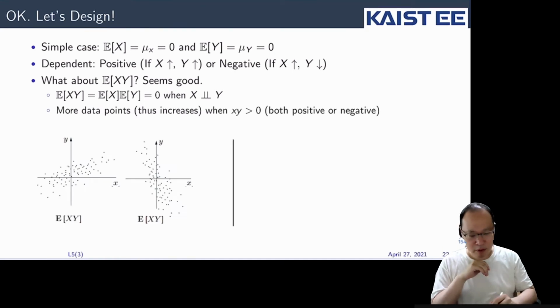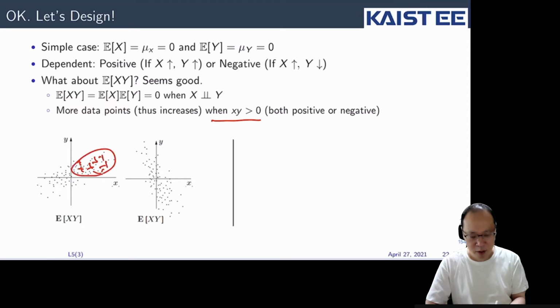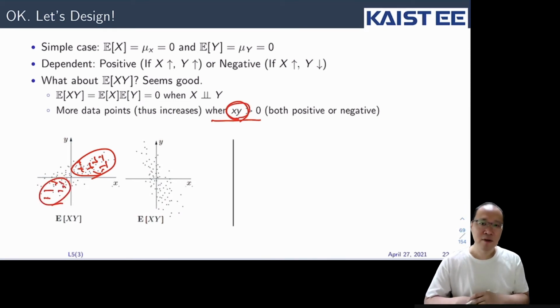So for example, suppose that we have a lot of data where xy is positive. Well, it's possible that both of the data are positive. That's why we have xy positive. Or it's possible that both are negative. So we have xy positive, which is okay, right?